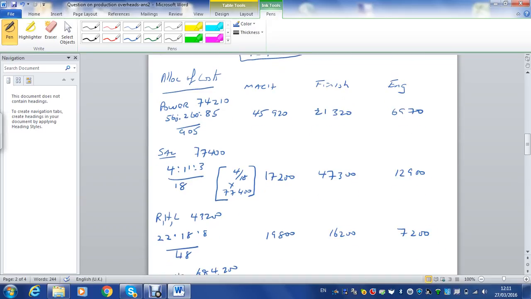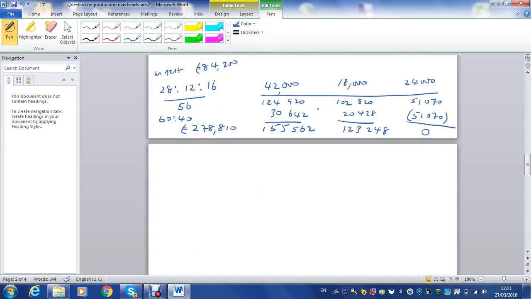So where do we go from here? We'll just repeat this bit here because we're running out of space. We've got a figure here, 155,562 and 123,248. This is money, always important.